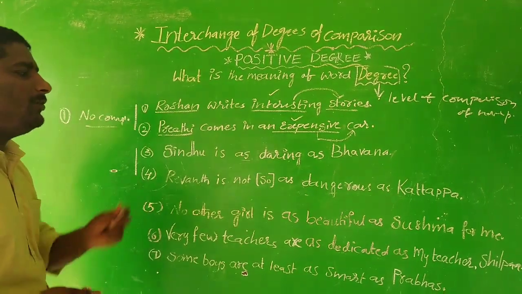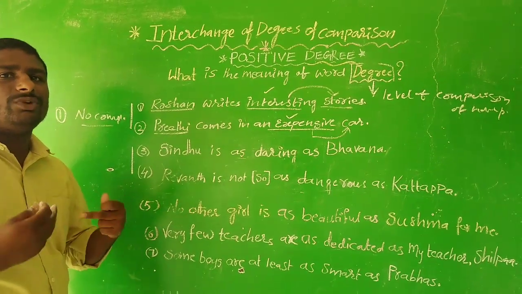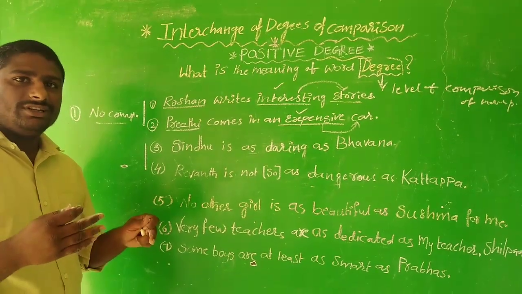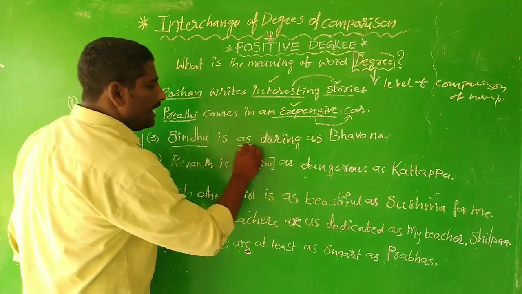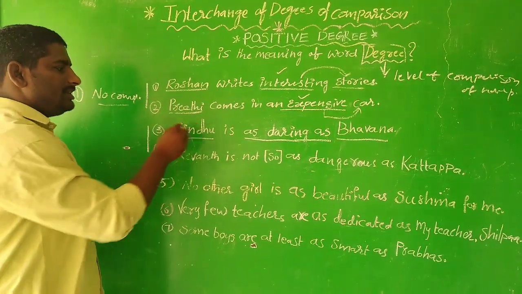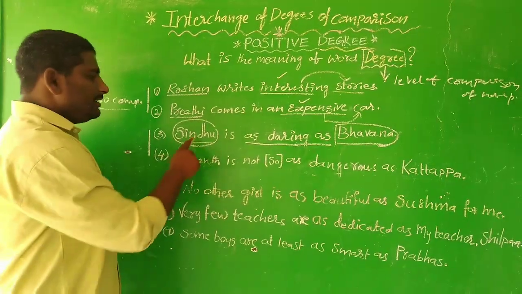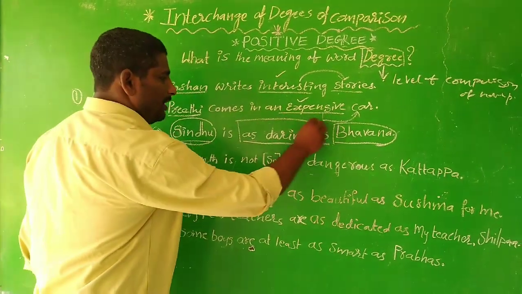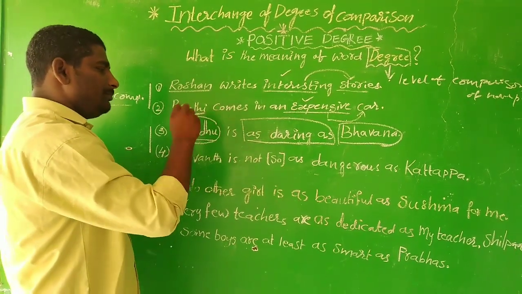But the following sentences illustrate that even the positive degree can have comparison. For example, Sindhu is as daring as Bhavana. Here I have taken two persons, Sindhu and Bhavana, and the adjective tells how daring the two girls are.